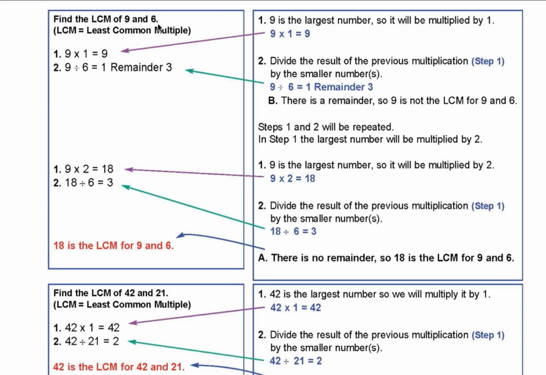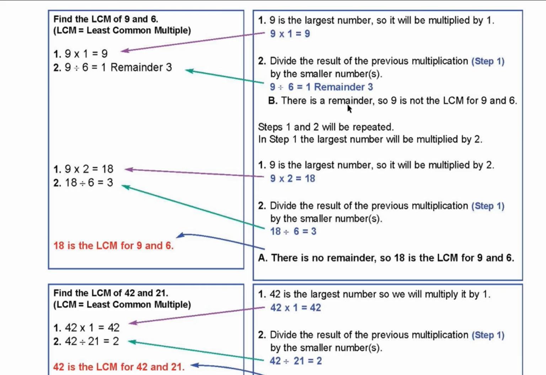So we divided by 6. 9 divided by 6 equals 1 with a remainder of 3.